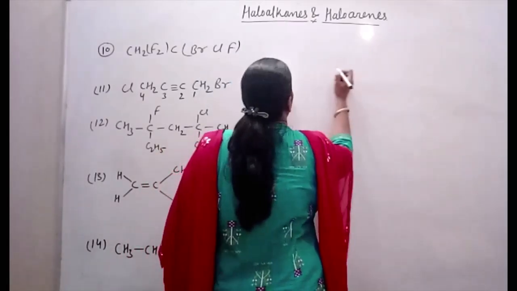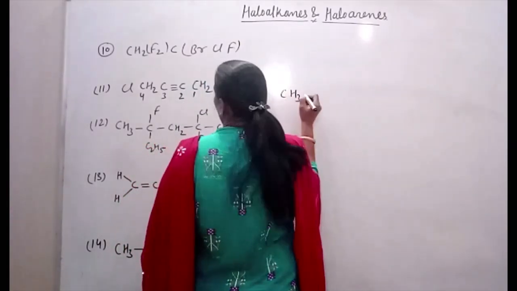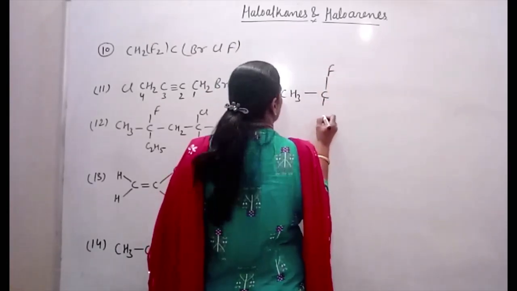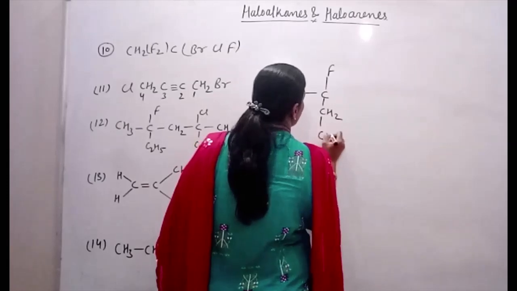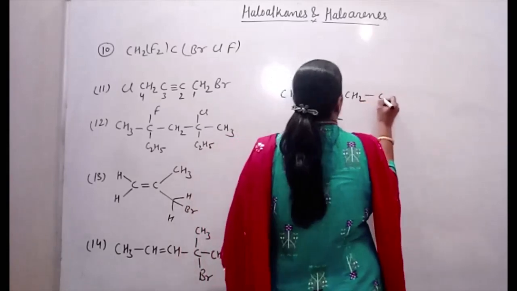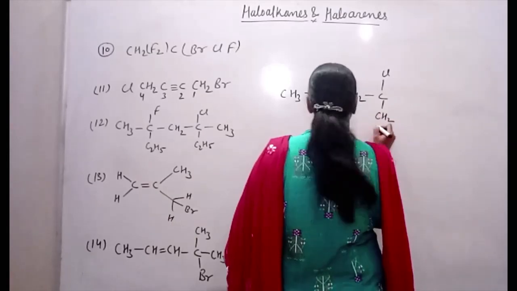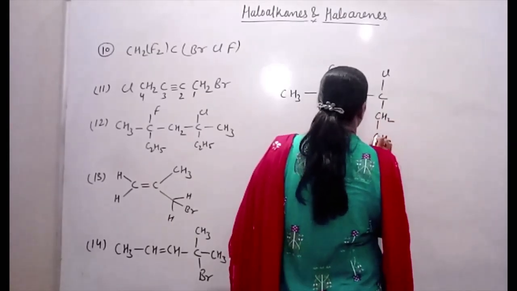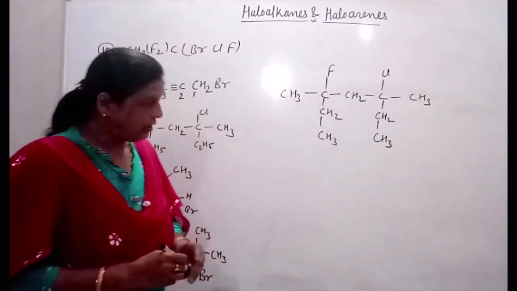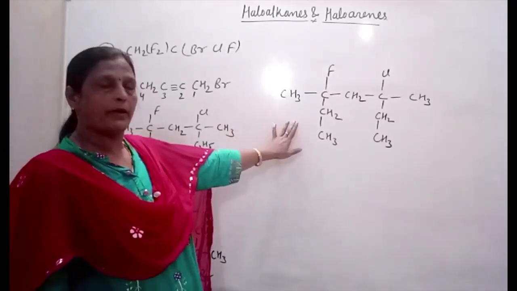If you don't write it in simpler form, you will definitely make mistakes in finding the parent chain. This is F, CH2, CH3, then CH2, C, Cl, CH2, CH3, and CH3.